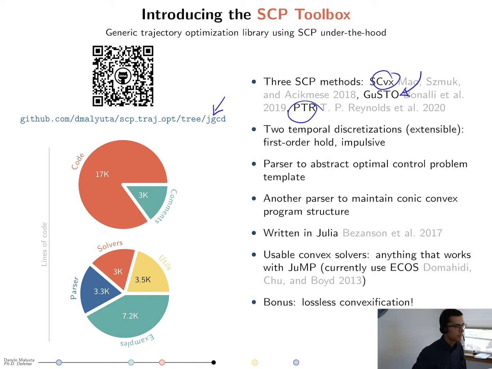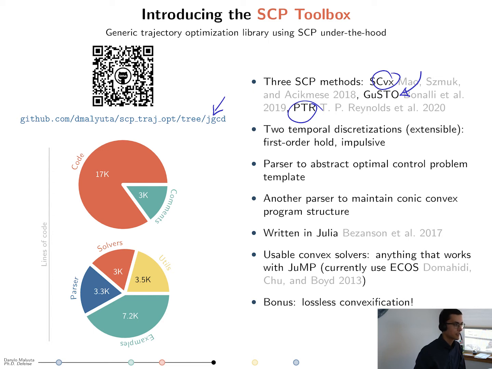So introducing the SCP toolbox, the big reveal. We wrote this in the context of the Control Systems Magazine paper, and it has grown rapidly since then to outgrow that paper. It's 20,000 lines of code at your command.